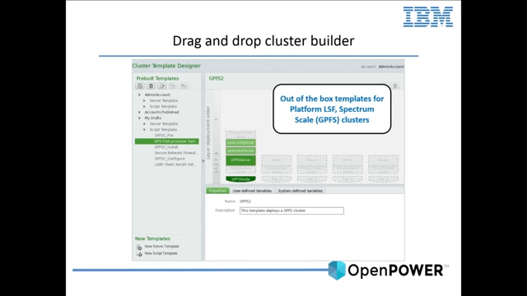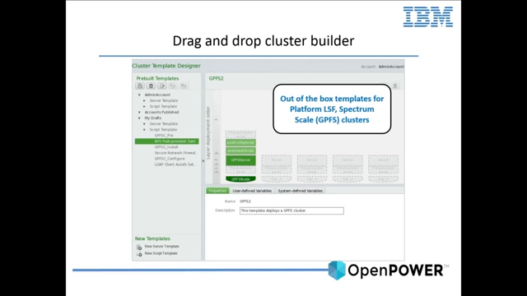Also, if there are different categories of nodes in your cluster, for example, you may want to configure a Hadoop cluster, you may have a data node and a name node. So you can design different types of nodes in different tiers. That's a very easy operation for the user.